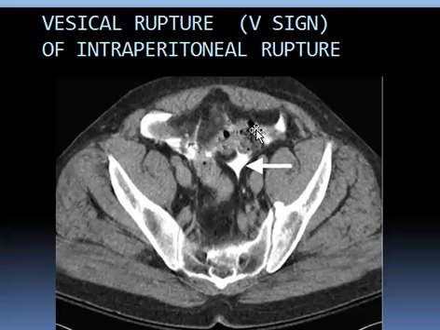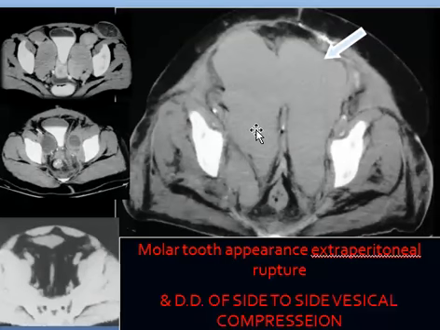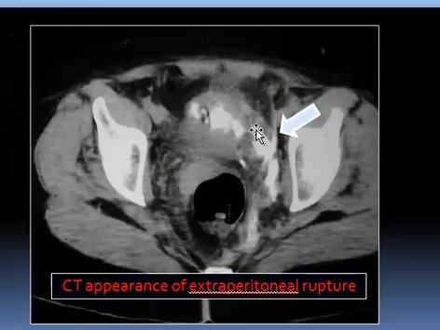So intraperitoneal rupture has a special appearance, it's called V sign. So V sign for intraperitoneal rupture, molar tooth for extraperitoneal rupture, and flame-shaped collection in extraperitoneal rupture.